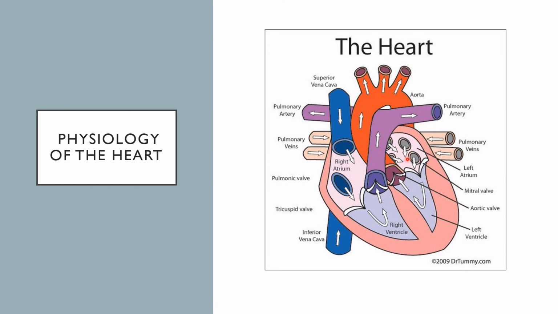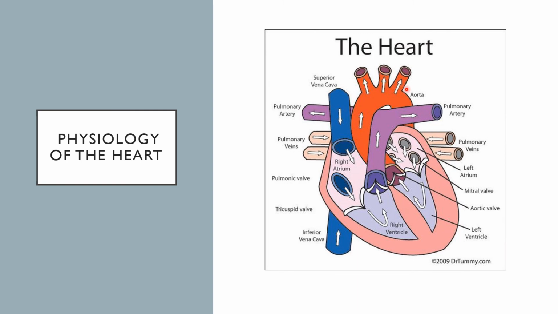From here, the blood will go through the mitral valve to the left ventricle. When the left ventricle contracts, the blood will be ejected through the aortic valve into the aorta. From there into the small arteries and will diffuse into the systemic circulation.